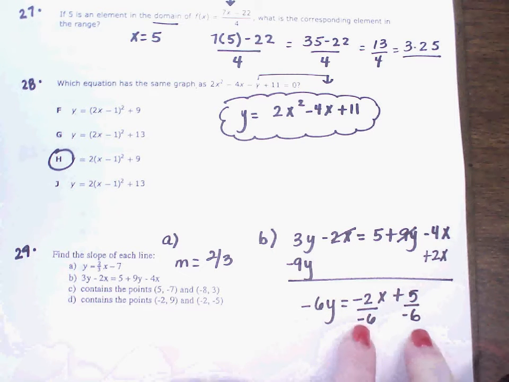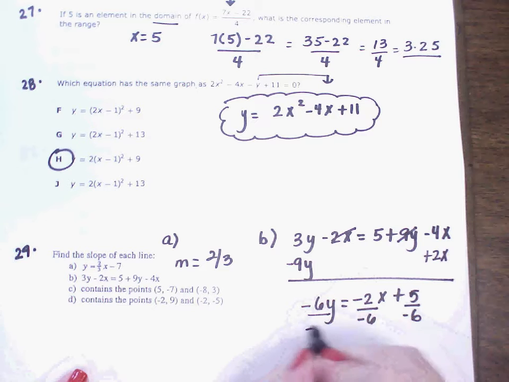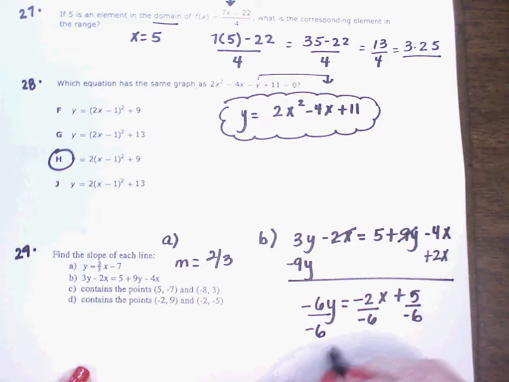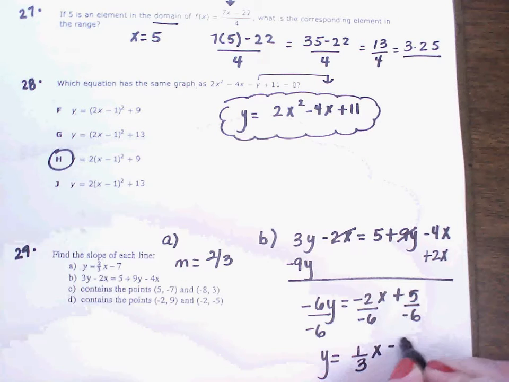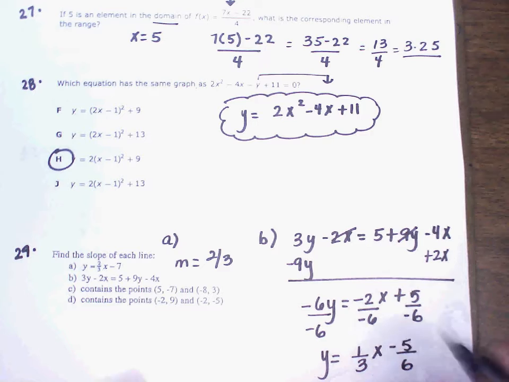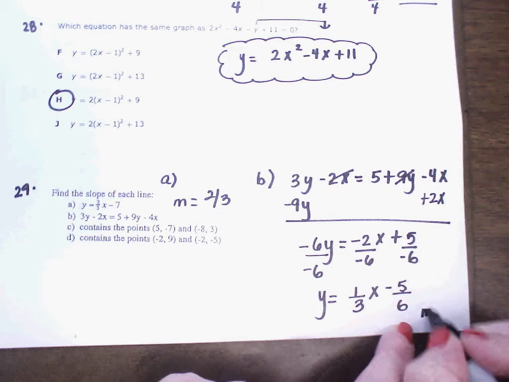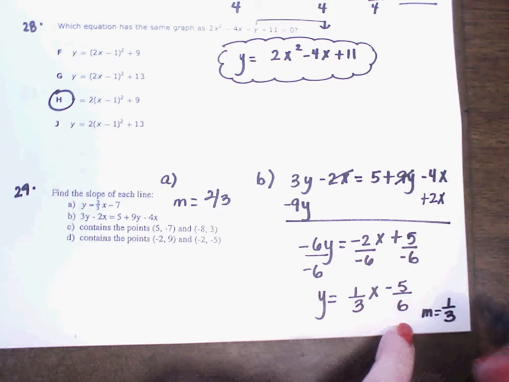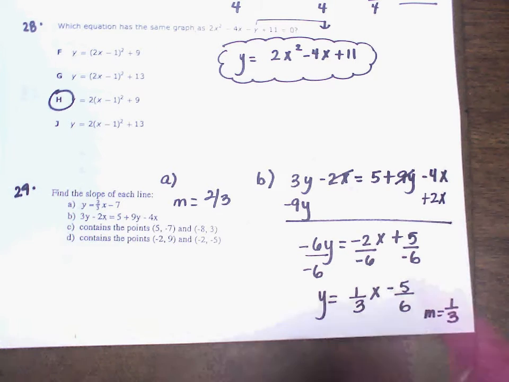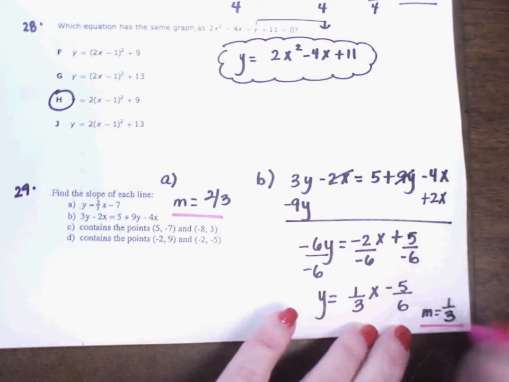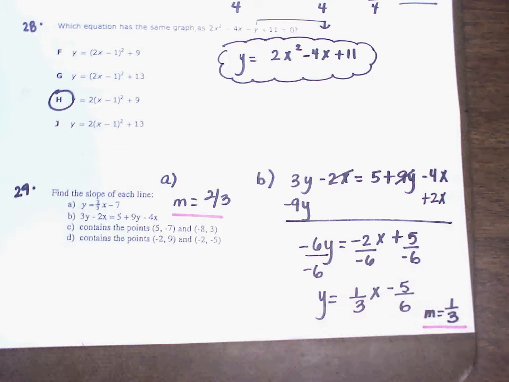And now I'm going to divide by negative 6. And I really don't need to worry about this one because I just want the slope. So the slope would be 1/3 x minus 5/6. So my slope for B is 1/3. That's B.